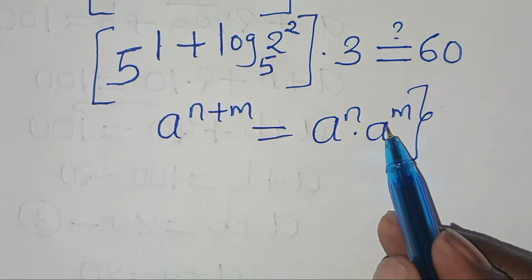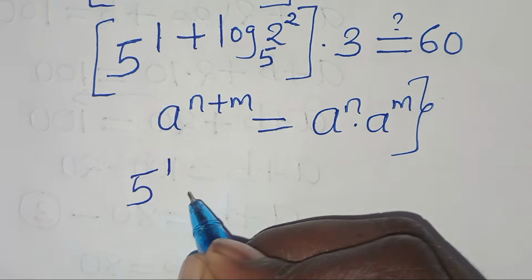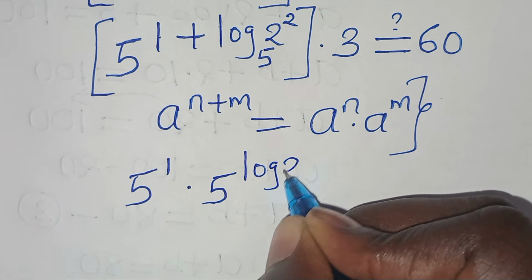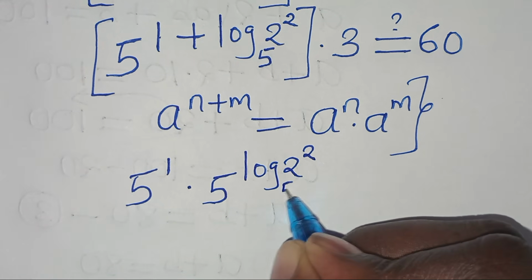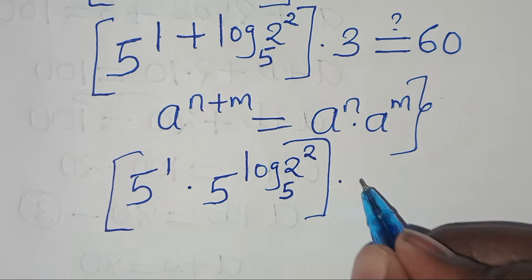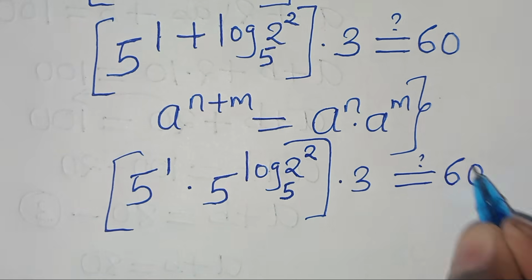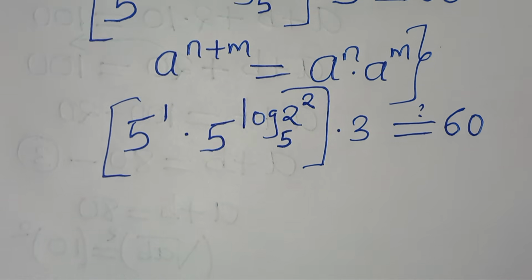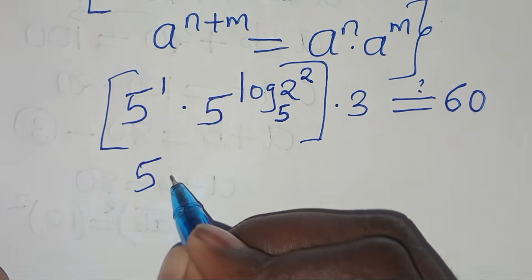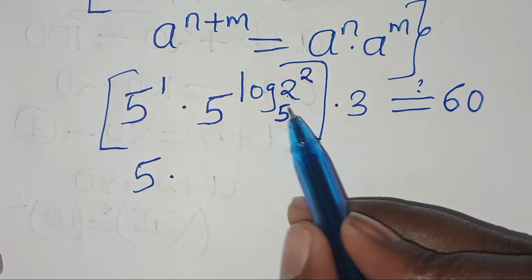Applying this exponent property, then this implies we have 5 to the power of 1 times 5 to the power of log 2 raised to the power of 2 to base 5. Then everything here multiplied by 3. This should give us a value of 60. So this is to imply that we have 5 multiplied by 5 raised to the power of log 2 to the power of 2 to base 5.